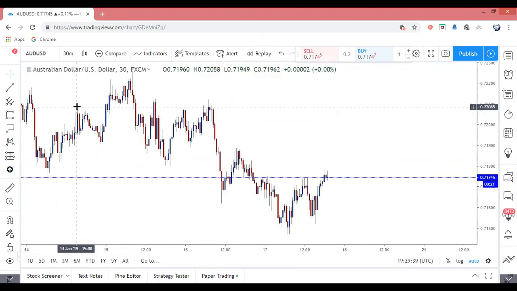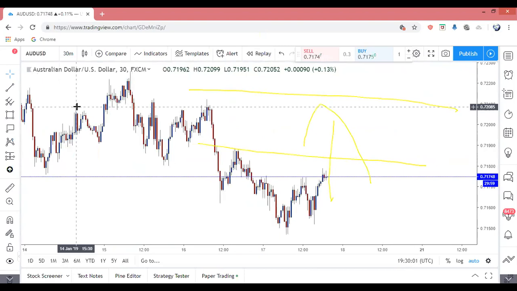Okay, where would I place my take profit? The first one, I place it here. The second one, I place it here if it ever passes here. And then my stop loss, where would you place it?